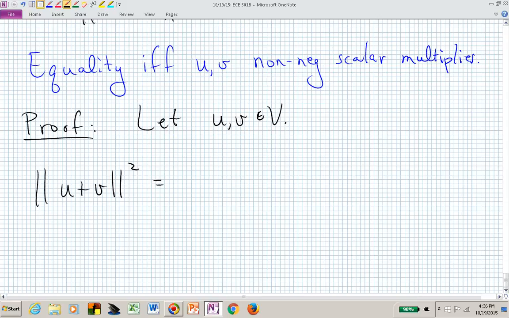How do we write a norm squared expression? What's another way of writing it based on Chapter 6 material? Not intellectual property, but inner product, right? So now we can take this as the inner product of u plus v with itself.